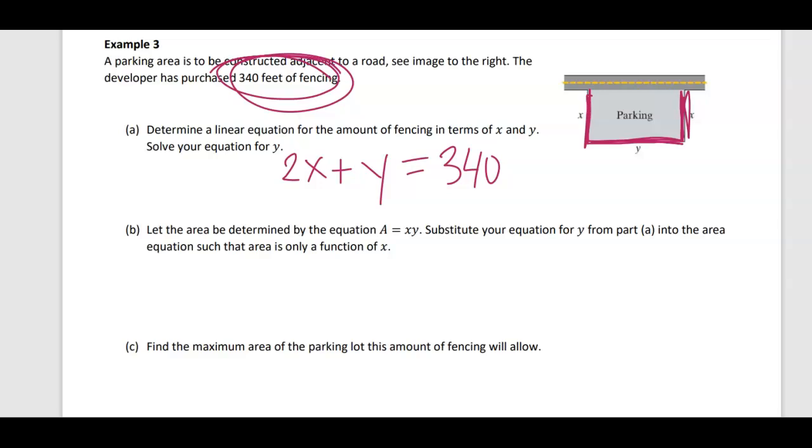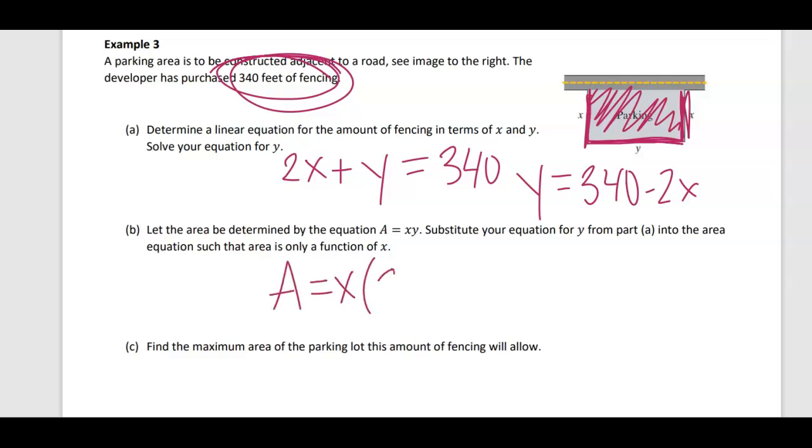It says to solve this for y, so I'm going to say y equals 340 minus 2x. Let the area be determined by a times x. Well, yes, that makes perfect sense, right? We're going to substitute in y into this area equation, so the area is just a function of x.